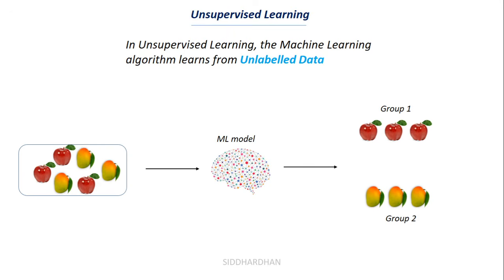Here we are not telling the model that these images represent apples and these images represent mangoes. We are not giving that label, whereas in supervised learning we will tell the machine that these images represent apples. That's the difference between supervised and unsupervised learning. It automatically finds the pattern between those images and groups the similar items in one group and other items in another group. This is the idea behind unsupervised learning.